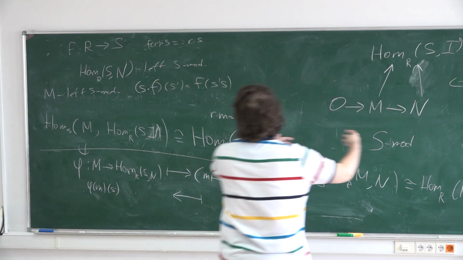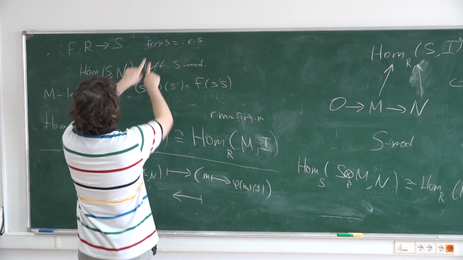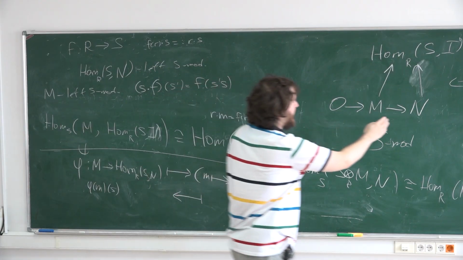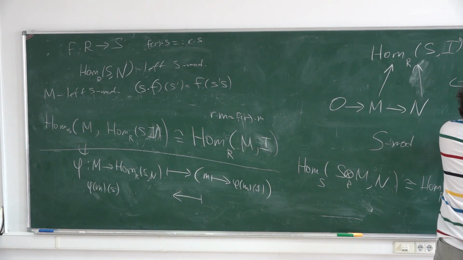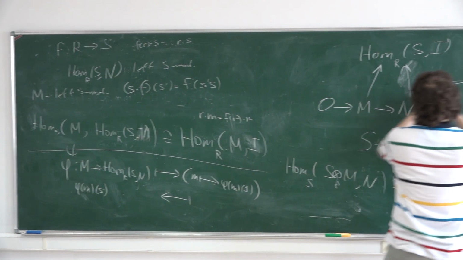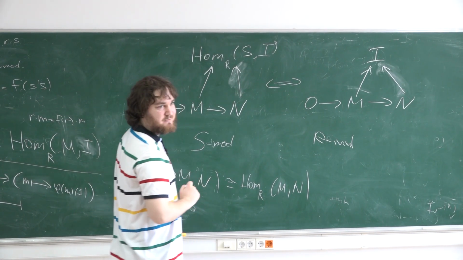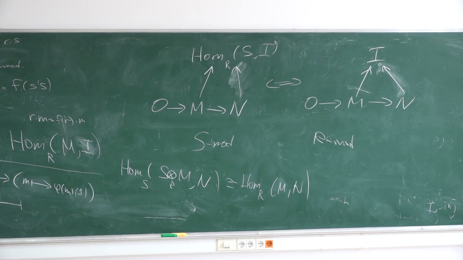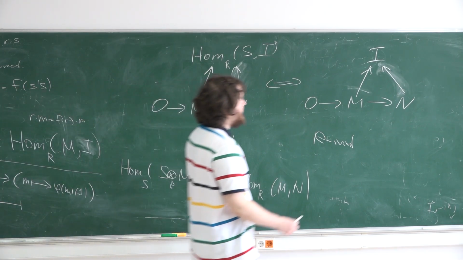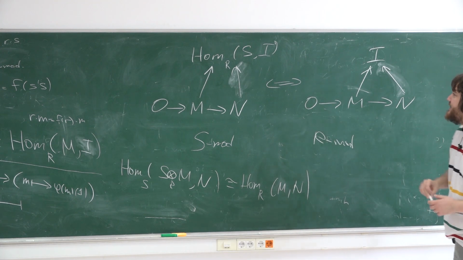I can consider them as R modules by this rule. And if I consider them as R modules, then maps to I itself are the same thing as maps to this thing as S modules. This is from this isomorphism. And if I have an extension here, then I have an extension here.